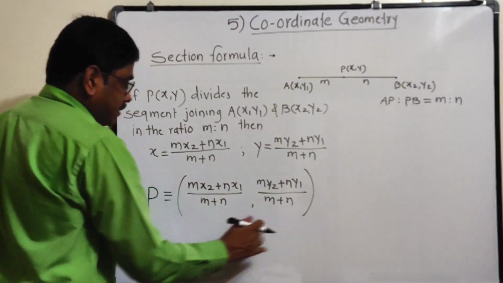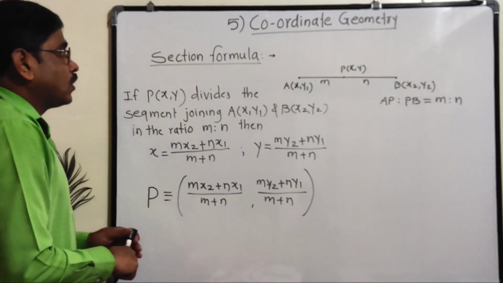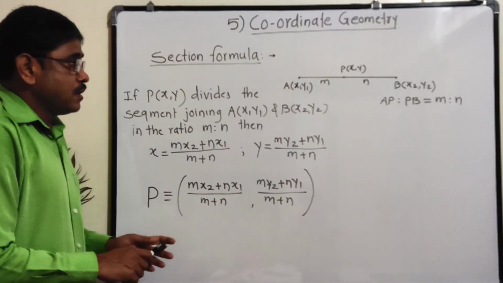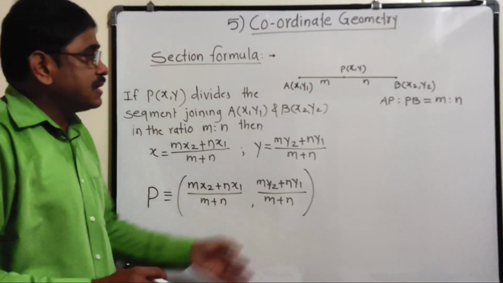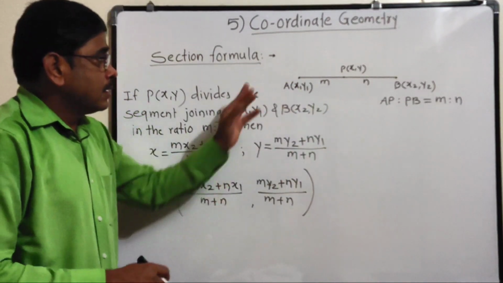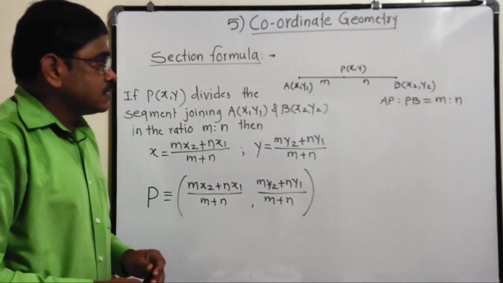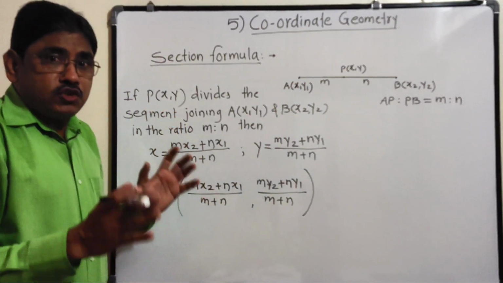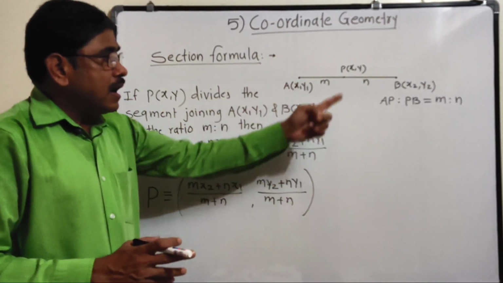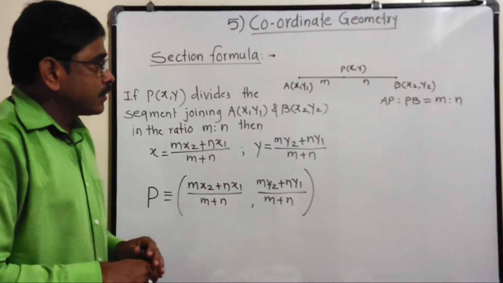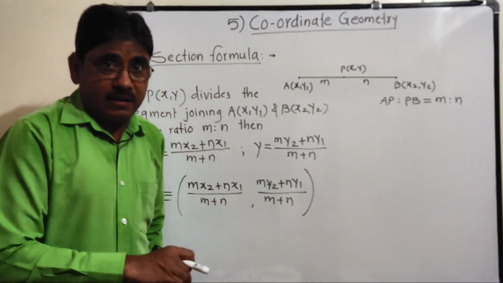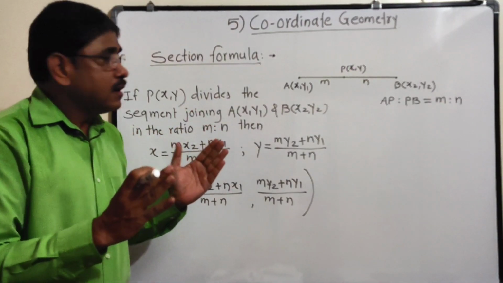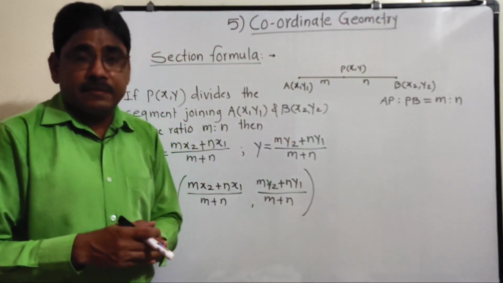So in this way, this formula is called the section formula, and we use this formula if such conditions are there. A and B are 2 points, that means segment AB is the segment joining A(x1, y1) and B(x2, y2), and P is the third point (x, y) which divides this segment AB in the ratio m is to n.